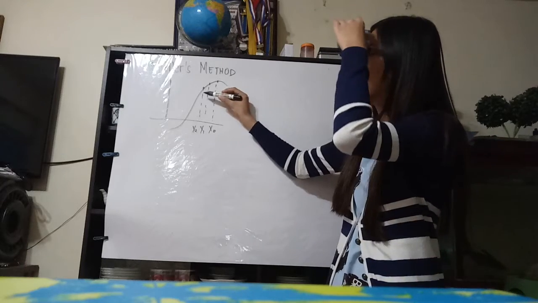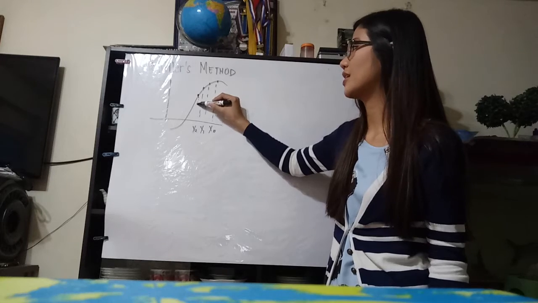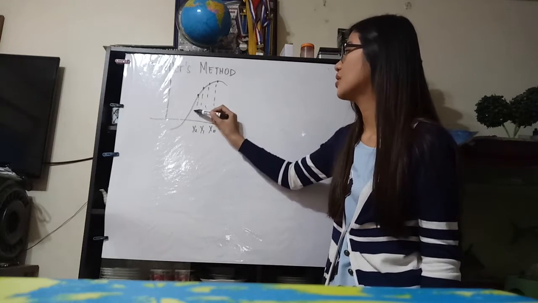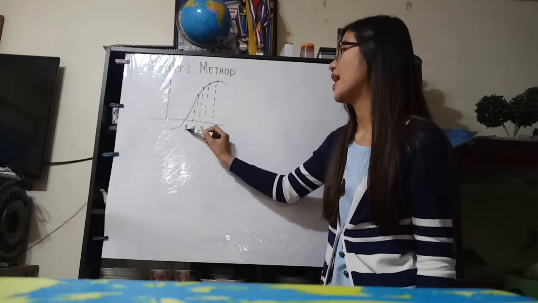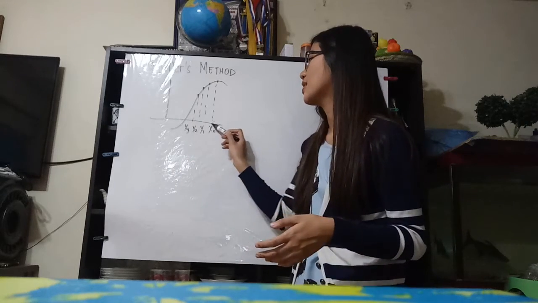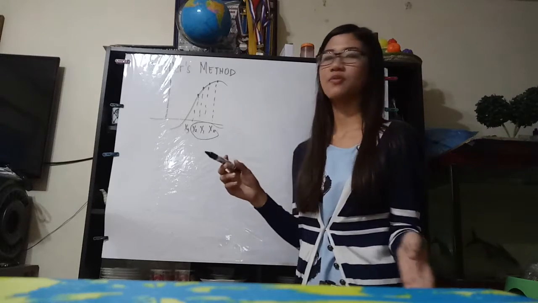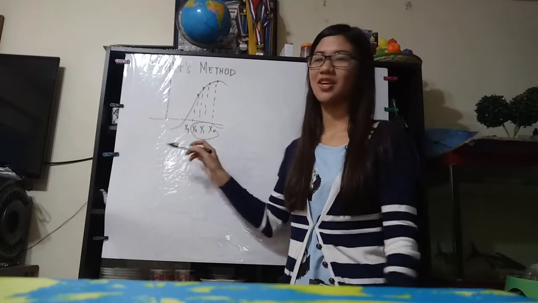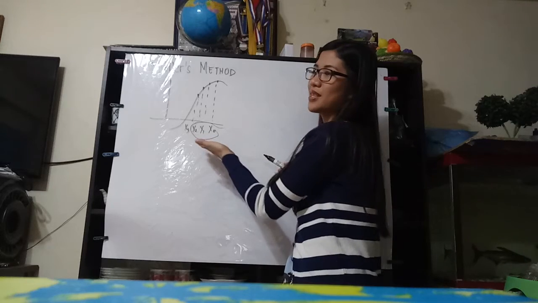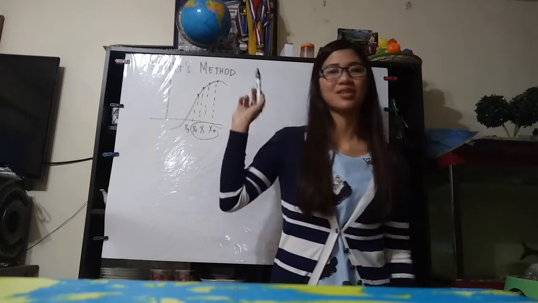And then we are going to find another point near x2, denoted as x3. Now in order to get x3, we must use a lot of formulas, using our initial guesses, x0, x1, x2.